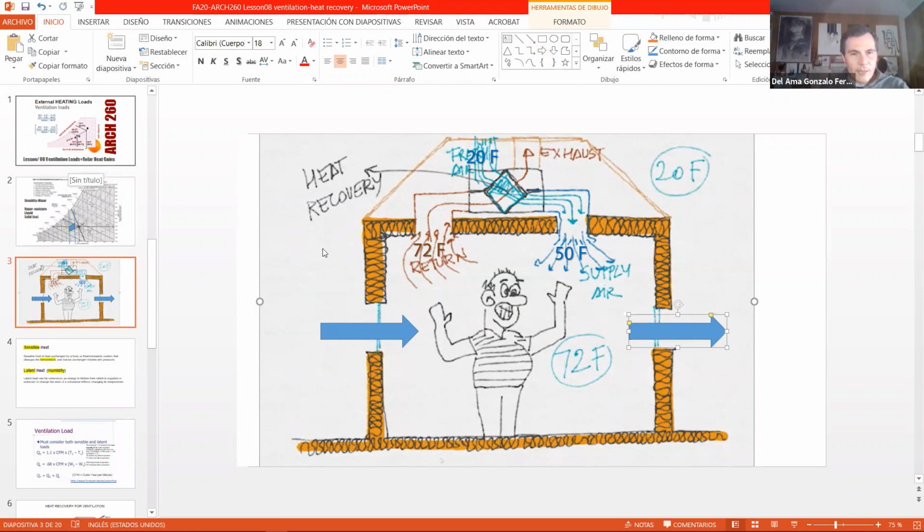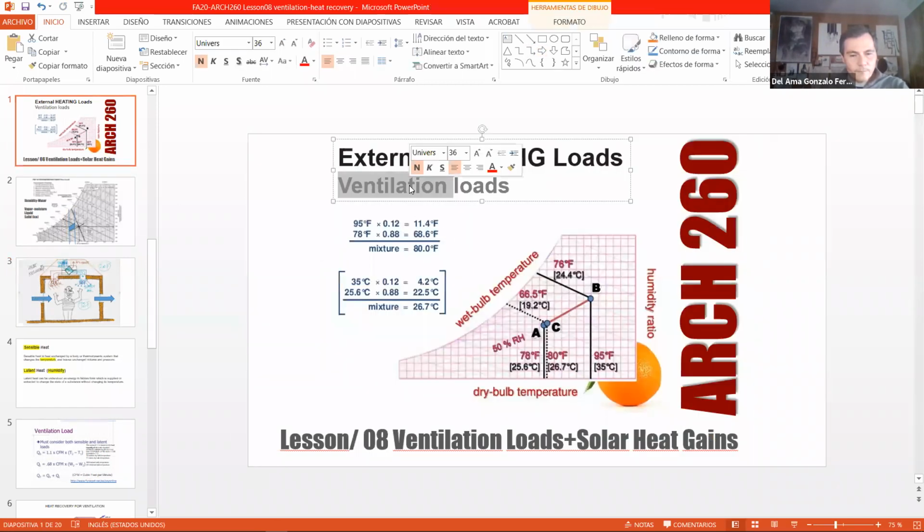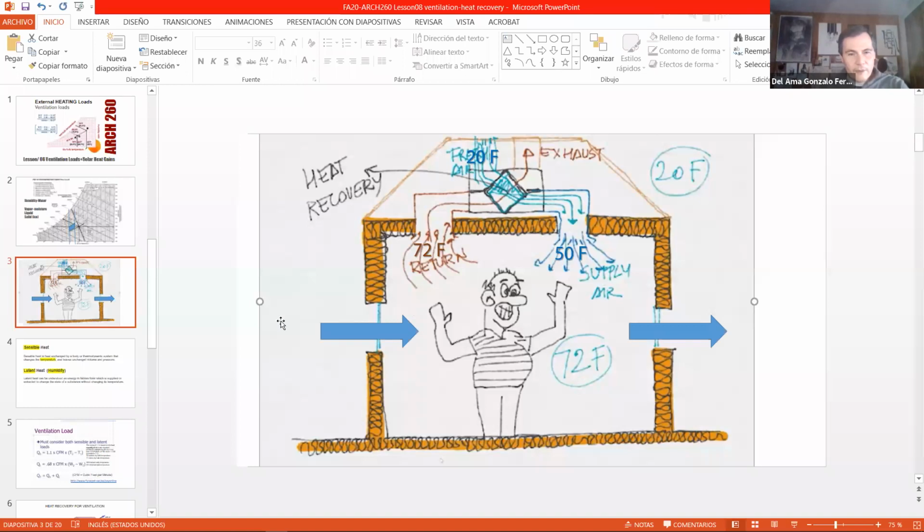Every time we are talking about ventilation, we always need a supply, and we need to extract air.